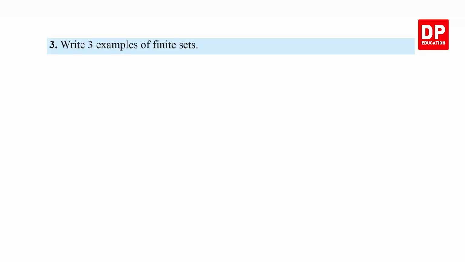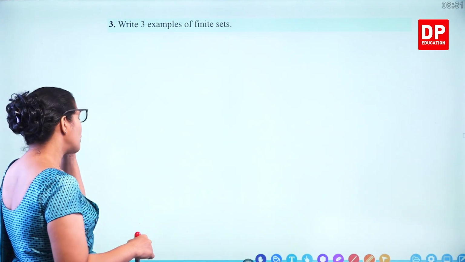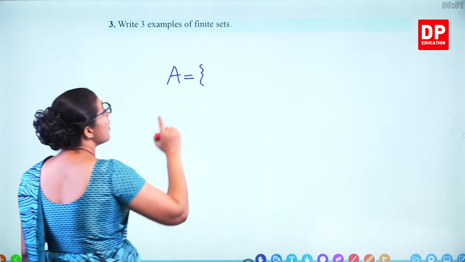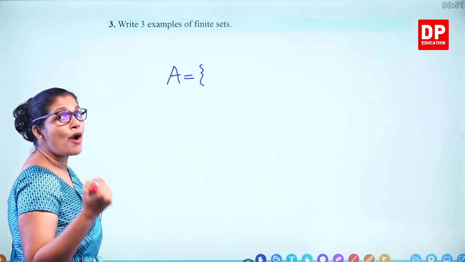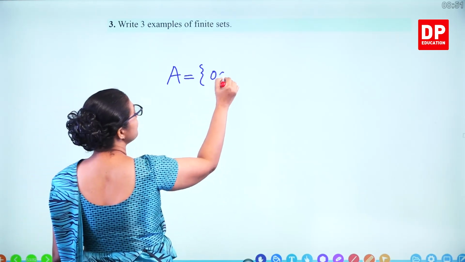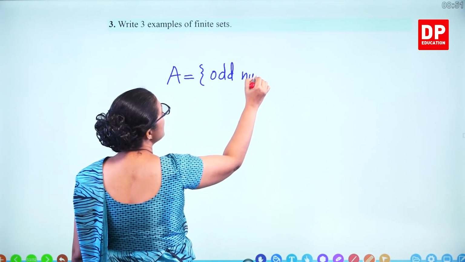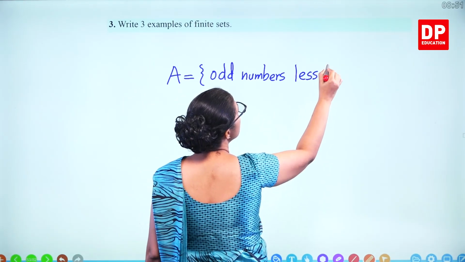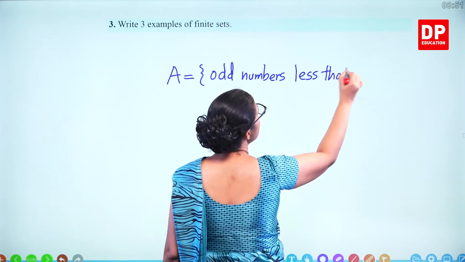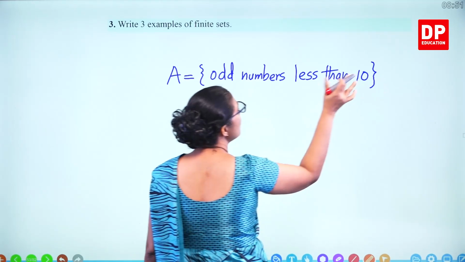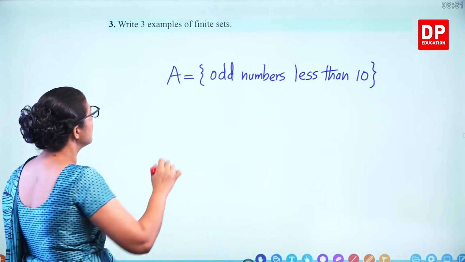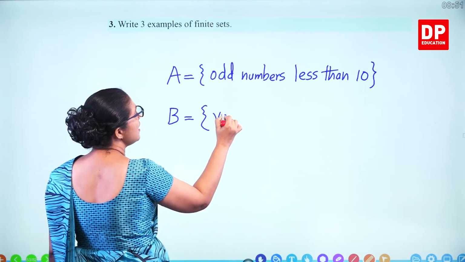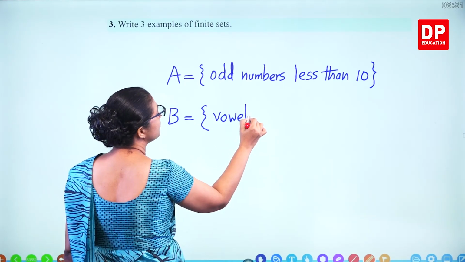Write 3 examples of finite sets. So you have to give a condition. Odd numbers less than 10. So that's finite. Vowels in the English alphabet.